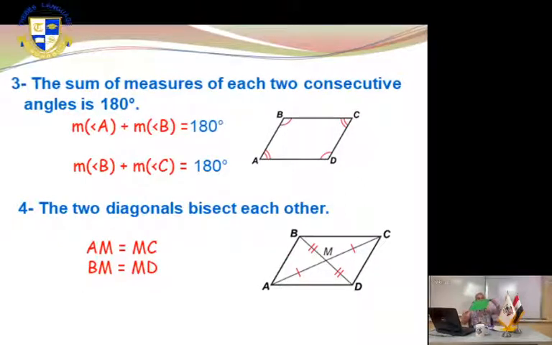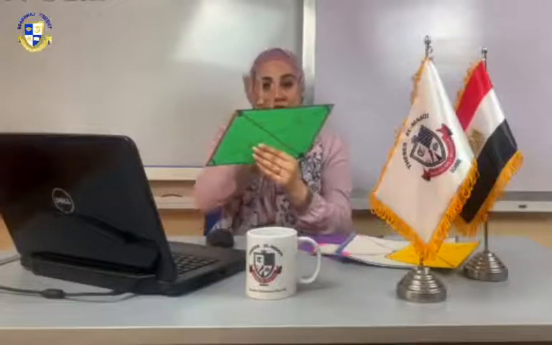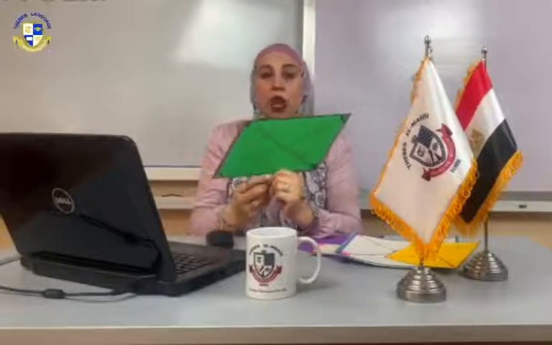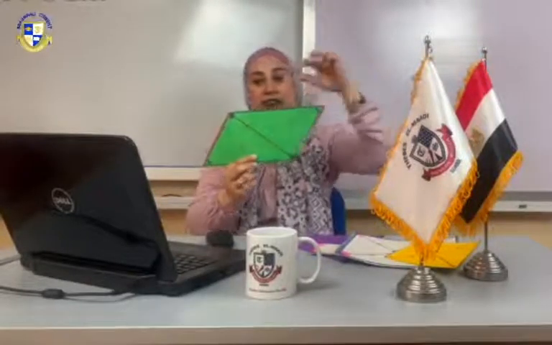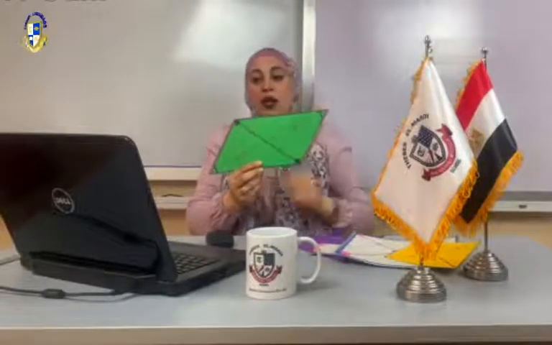This angle and this angle are opposite angles, but this one and this one are consecutive. Consecutive angles are after each other, with a straight line joining or carrying them. So measure of angle A plus measure of angle B equals 180 degrees. If this one is 60 degrees, this one must be 120 degrees.